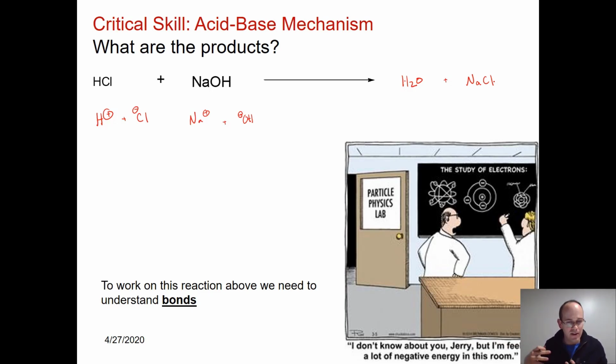But it's not so simple. In order to get there, you would have had to have memorized that probably from your general chemistry knowledge. We can answer this question in a more logical way than just saying, yeah, we know that a strong acid and a strong base like HCl and NaOH will go together to create water and sodium chloride. And if this didn't make any sense to you and you didn't recognize it, that's okay.